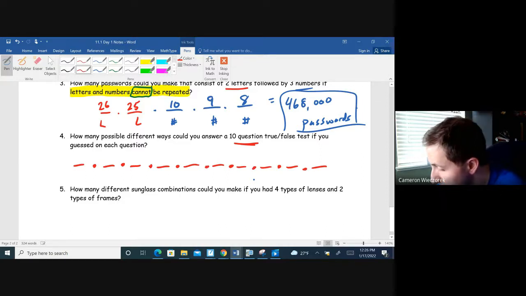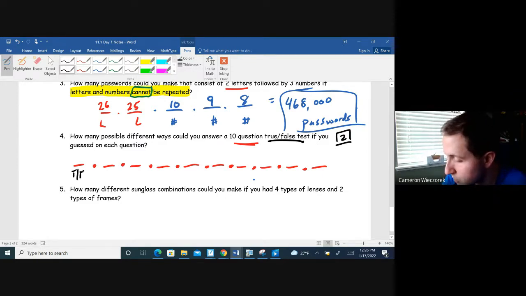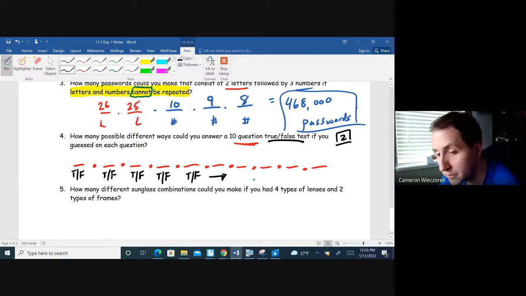Make sure I got 10 blanks. 1, 2, 3, 4, 5, 6, 7, 8, 9. Okay, I got 10. It's a true-false test, which means you only have 2 possible answers for every question. It's either true or it's false. So every single one of these blanks only has 2 options, true or false. I'm just going to put an arrow. Pattern continues. So you can kind of see what's going to go on each blank.